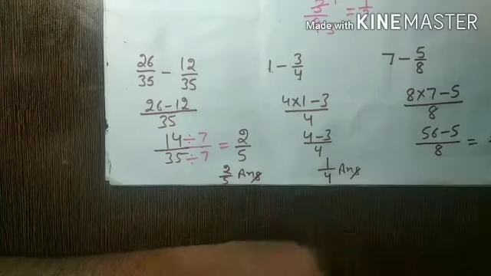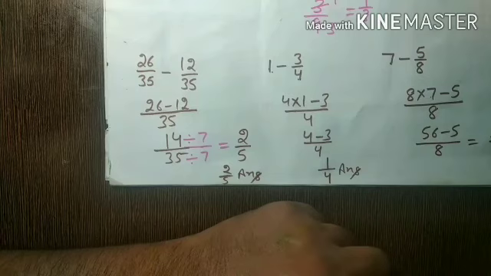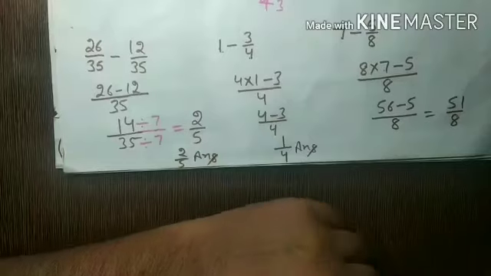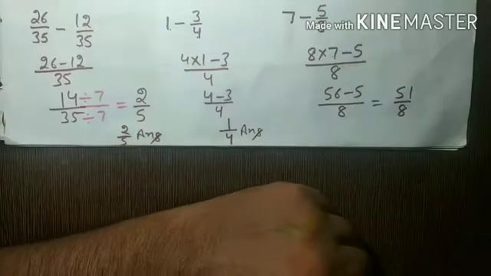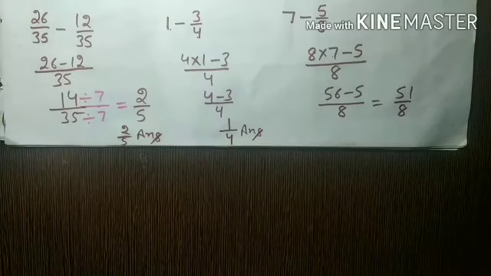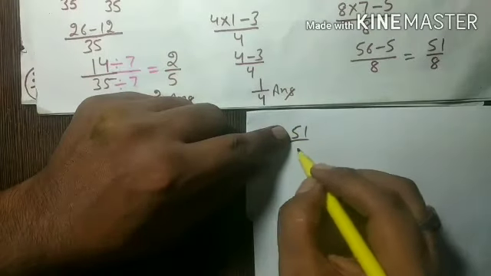51 over 8. Now 51 over 8, you can see that this is not a proper fraction. Okay, so what is this? This is an improper fraction, and an improper fraction we convert to a mixed fraction. How? You see here, student. 51 over 8.